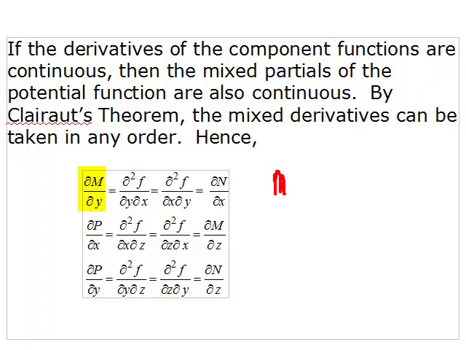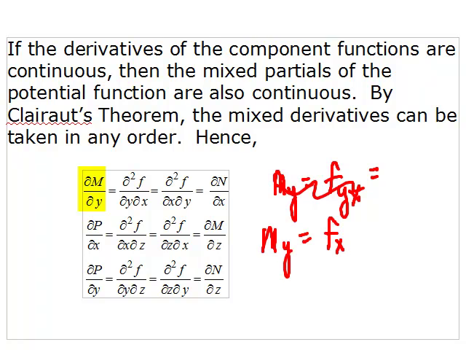So M with respect to y would be f xy. That should be f xy. Oh, I know, I already switched them, sorry. So M with respect to y would be f xy, and N with respect to x is f yx.